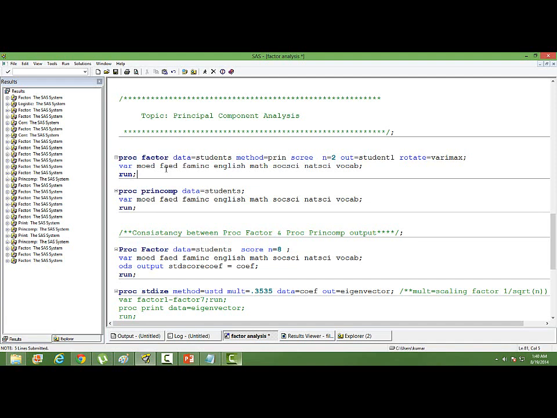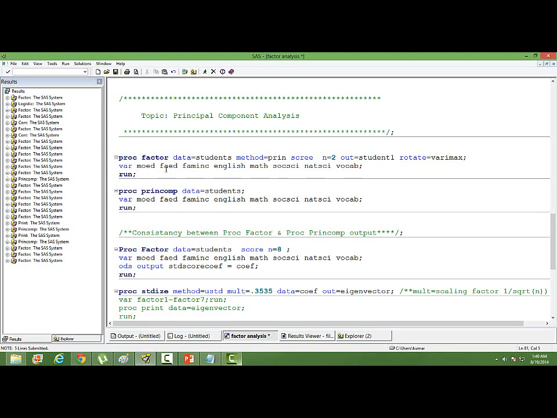Hence the total variance: when a variable is standardized, it means that it has a variance of 1 and a mean of 0. How do we standardize? Well, you can watch a video on standardization of data. I'll put that video.